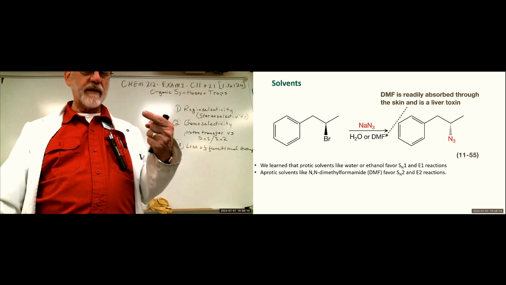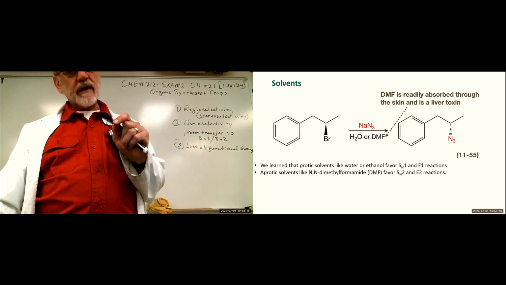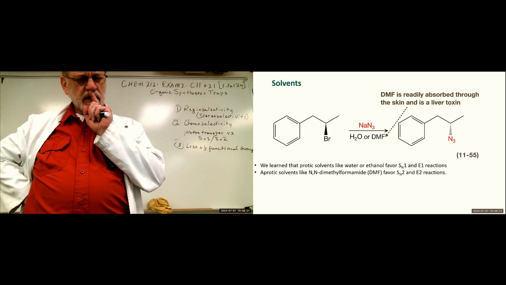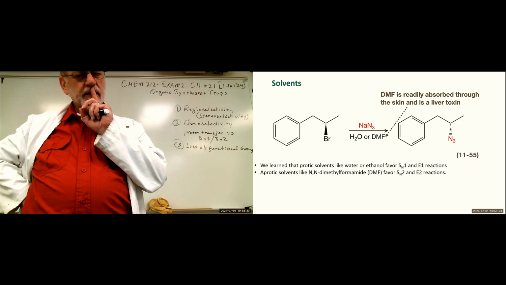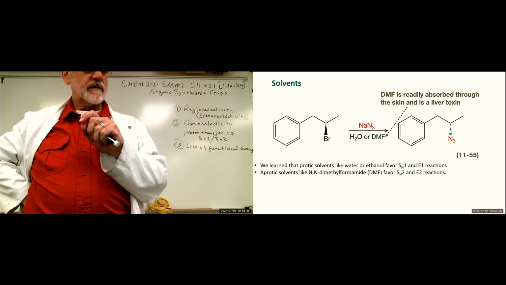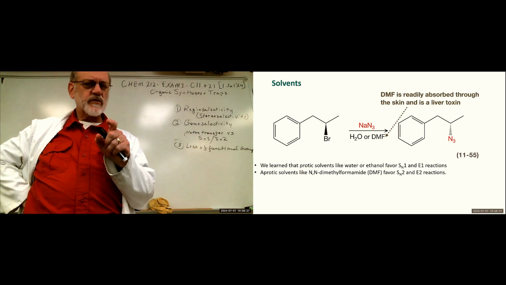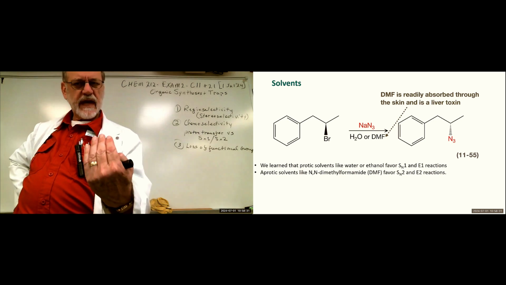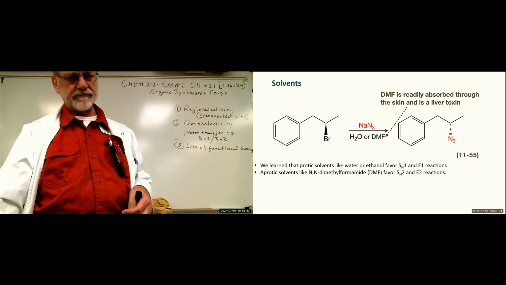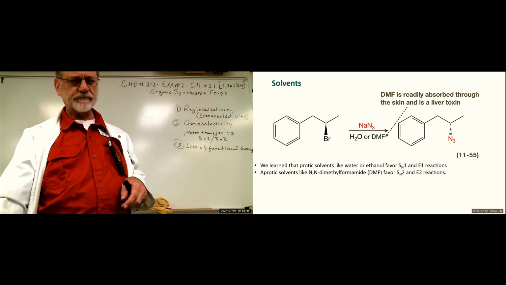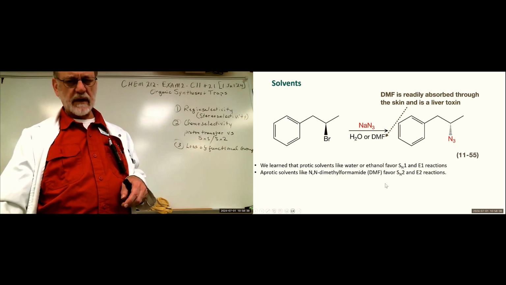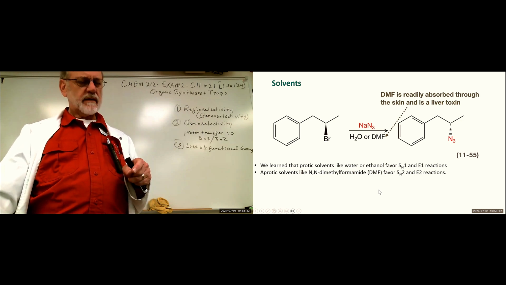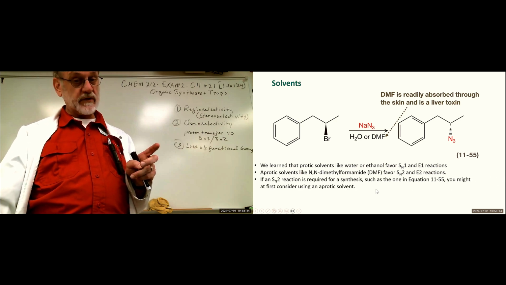Aprotic solvents favor, well, if the stereochemistry, let's see, that would work, right? We would have a backside attack on that carbon attached to the bromine and would give us the azide on the backside, right? Rather than going through. Can we do that though with an SN1, right? We're going to produce a mixture.